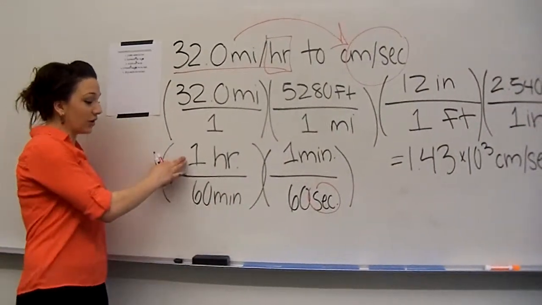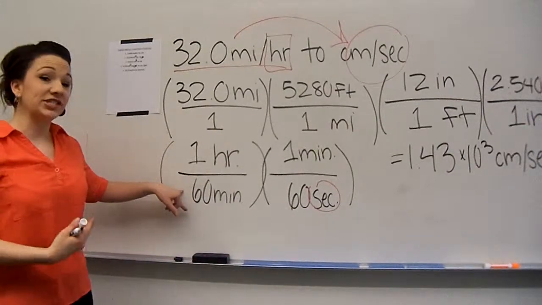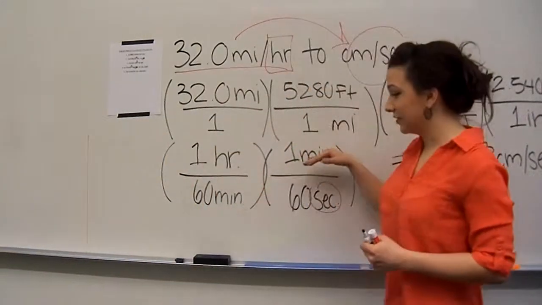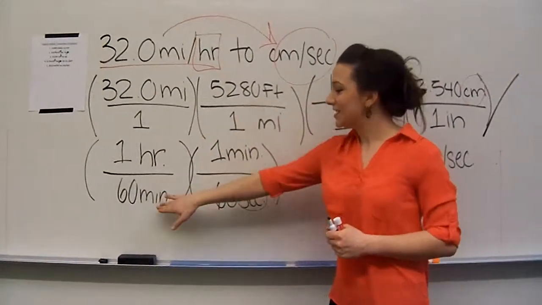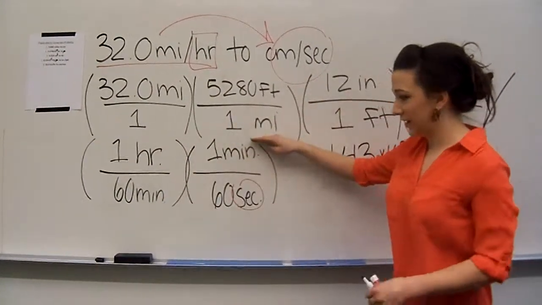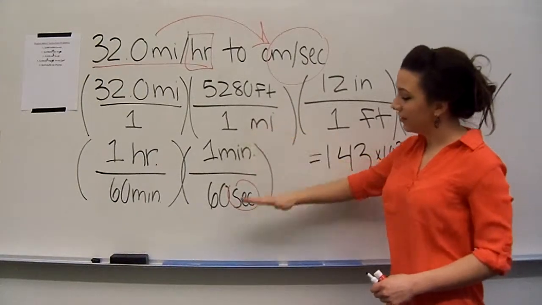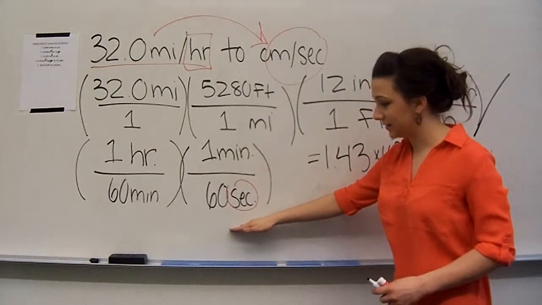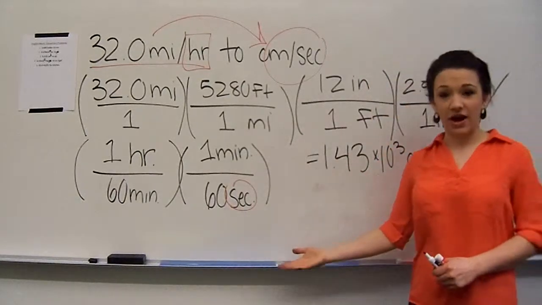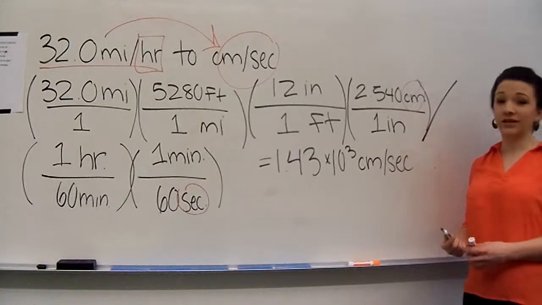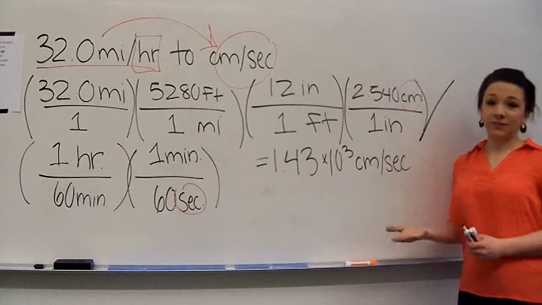We put 1 hour over its equivalent, which is 60 minutes. We match diagonally from bottom to top, 60 minutes to 1 minute. We write its equivalent vertically. 1 minute is equal to 60 seconds. Again, plug that into your calculator to verify, and you should end up with 1.43 times 10 to the third centimeters per second.